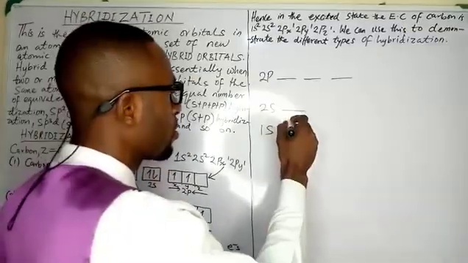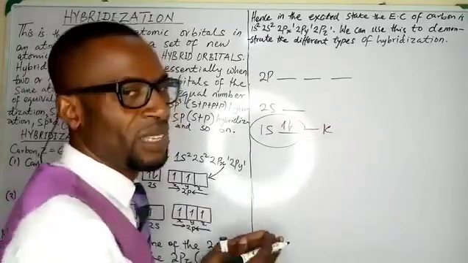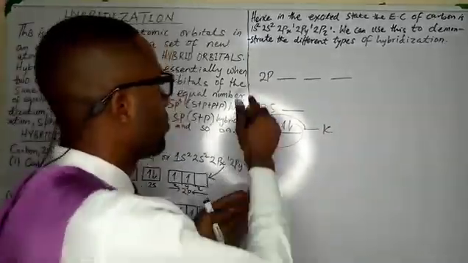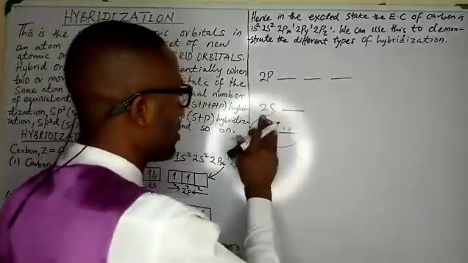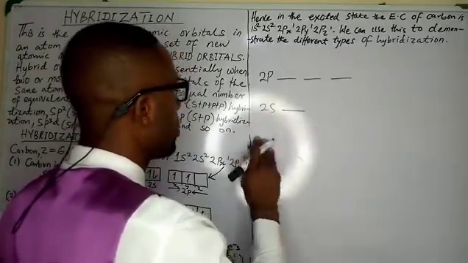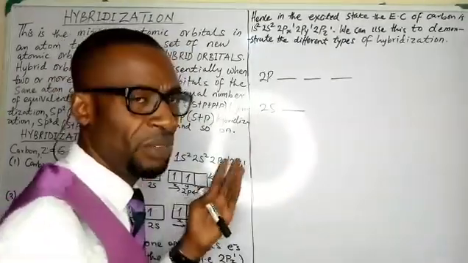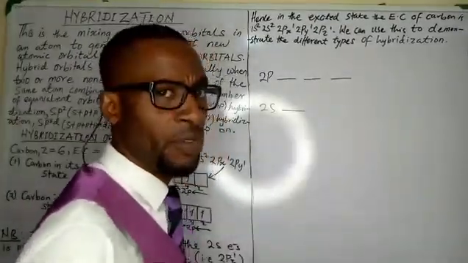But of course, the 1s is filled, and this is the K shell, so it doesn't get involved in chemical combination. The 2 is the L shell. In representing all of these things, the orbital diagram will not involve the 1s electrons. It's the inner core electron, and it doesn't get involved in covalent combination.